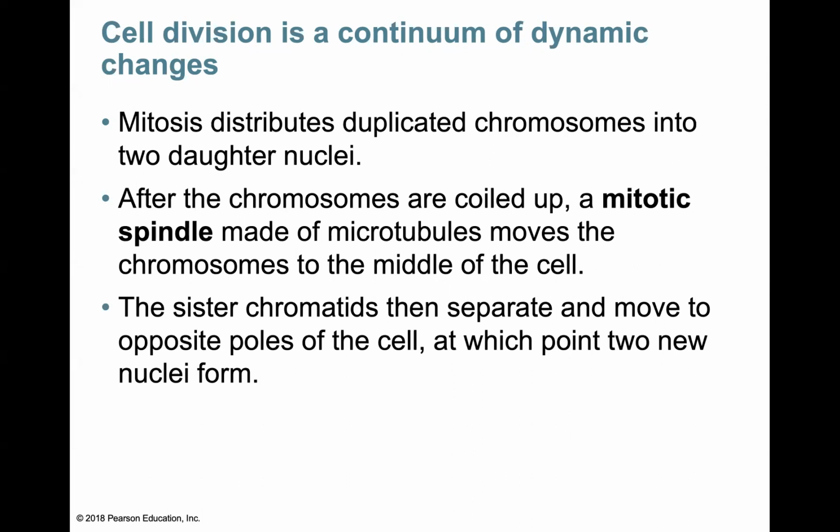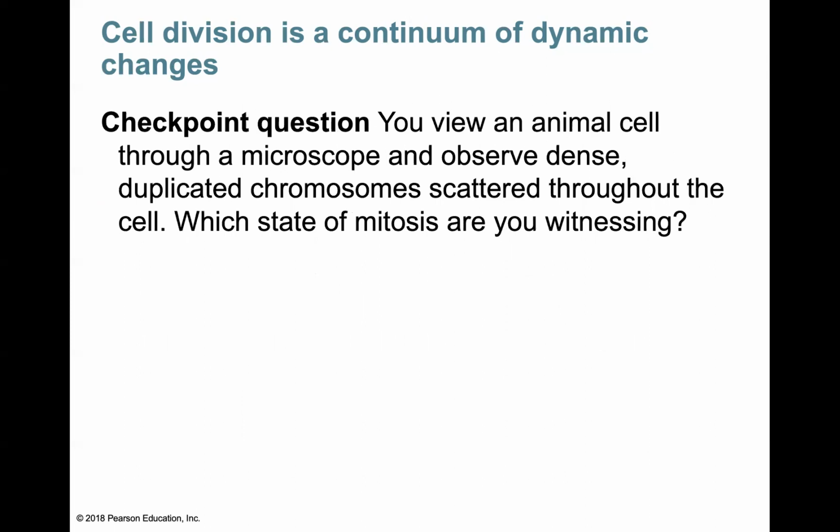These dynamic changes that we see happening within the cell are characterized by the phases of mitosis, all right? So we've got prophase, metaphase, anaphase, and telophase that will characterize these changes that we are highlighting here, okay? And so this continuum of dynamic changes you should familiarize yourself with, all right? So we have a checkpoint question here.